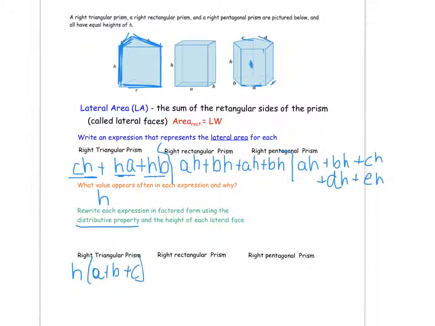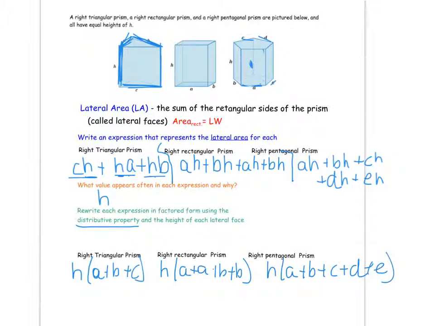For the right rectangular prism, we can pull out our H. And again, I'm going to have it in alphabetical order, so A plus A, or we could have written 2A, plus B plus B. And for our right pentagonal, once I pull out my H, I'm left with A plus B plus C plus D plus E. Stay with me because this is about to be the easy part.